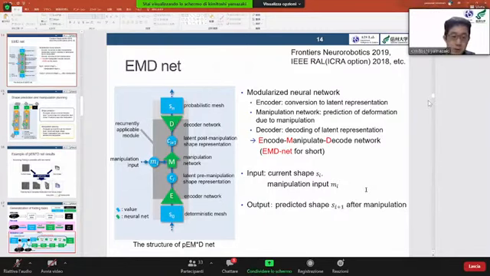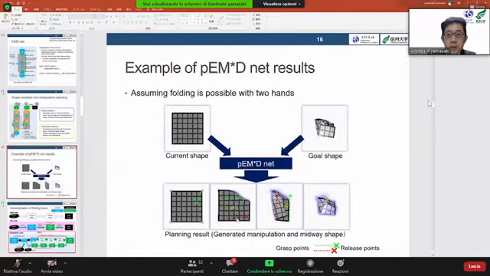So the manipulation is simply represented by the point and the lines. I have no slide about it, but there are two candidates of the picking points, and after the points are picked, the trajectory is just a linear trajectory.